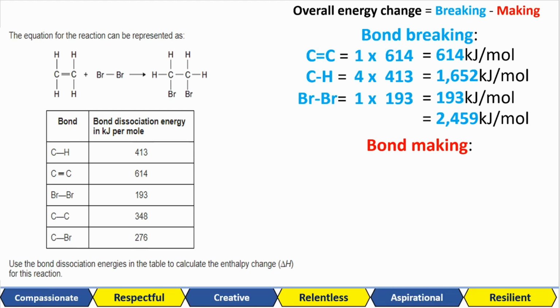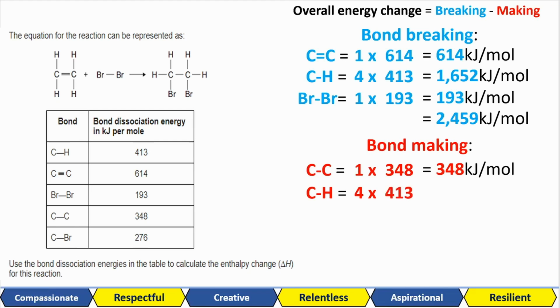And now for the bonds made. We have a carbon-carbon single bond here, and there's just 1 of them. And the carbon-carbon single bond has a bond dissociation energy of 348. So that's 348 kilojoules per mole. We also have a carbon-hydrogen bond, and we have 4 lots of them. And so 4 times 413 gives us 1,652 kilojoules per mole.